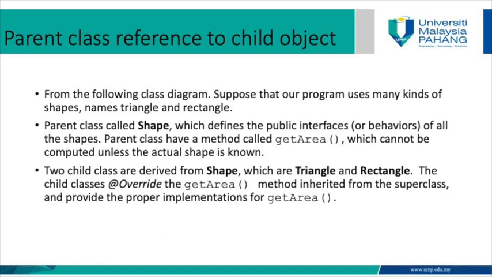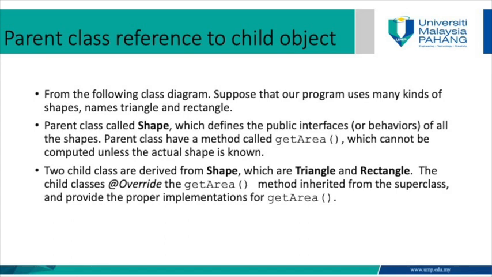It says here, from the following class diagram, suppose that our program uses many kinds of shapes, named Triangle and Rectangle. The parent class called Shape defines the public interface or behavior of all the shapes. The parent class has a method called getArea, which cannot be computed unless the actual shape is known.